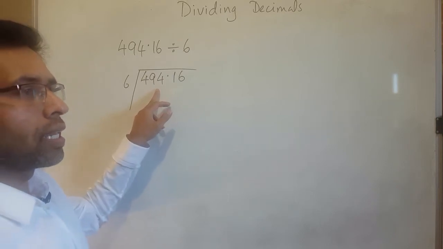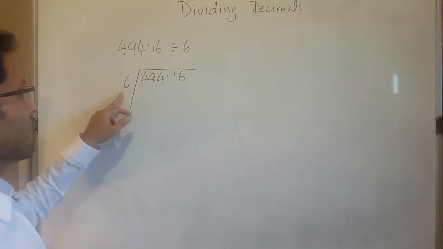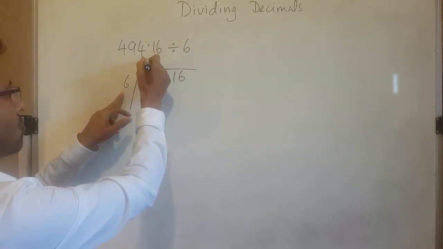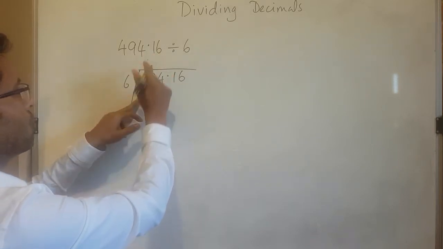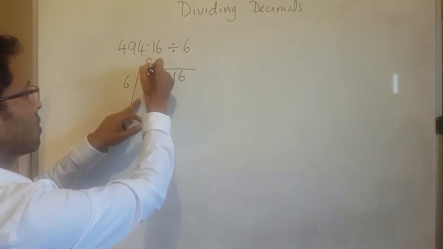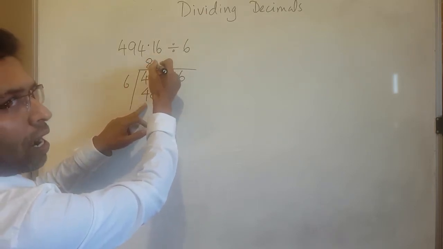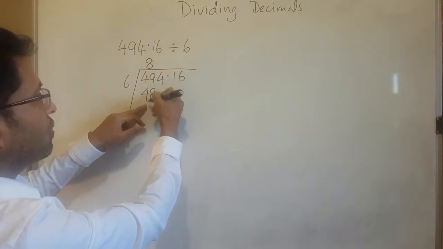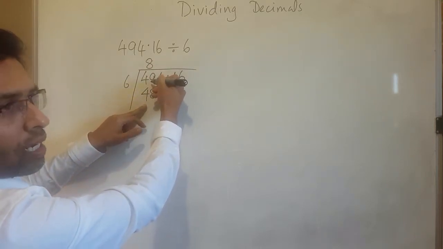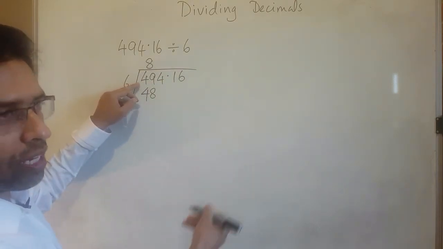So 49 can be divided by 6: 6 times 7 is 42, but if we go for 6 times 8, it's 48. If we go 6 times 9, it's 54, which is more than 49.